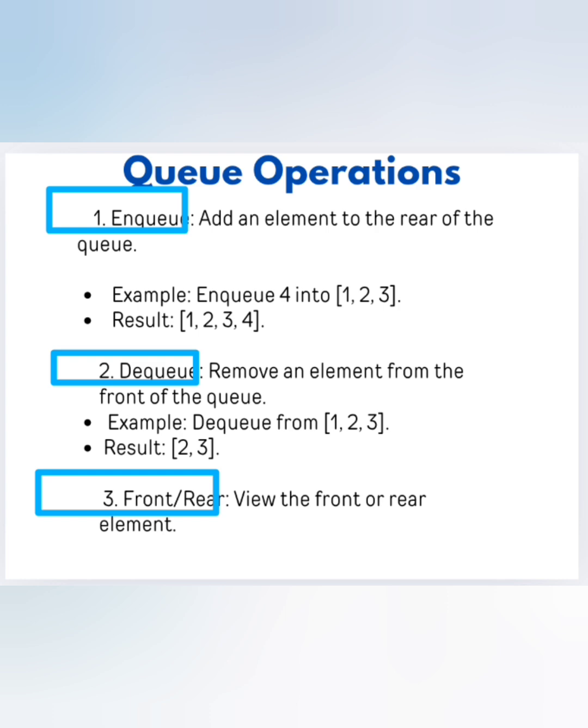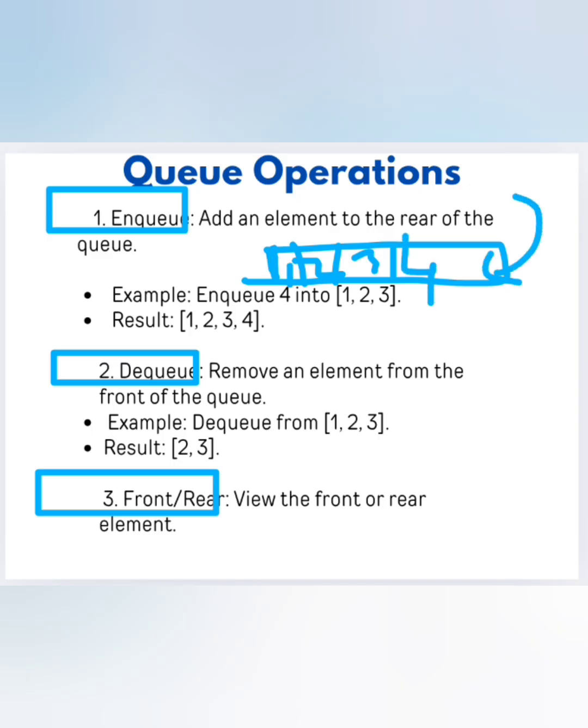Consider enqueue 4 into 1 2 3. The elements 1, 2, 3 are already in the queue, and if we want to add a fourth element at the rear side, the enqueue operation is used.